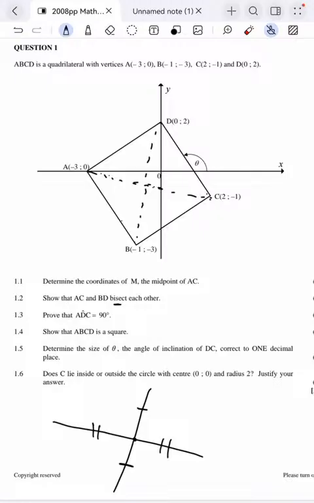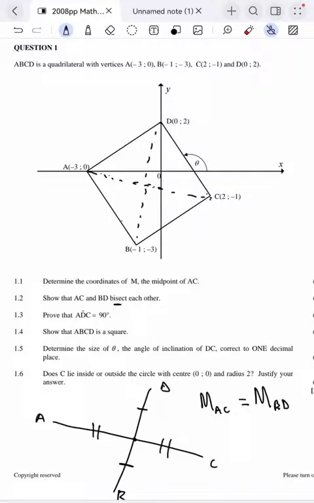So simply put, if in this case this is D, this is B, this is A, and this is C, the way to prove that AC and BD bisect each other is by proving that the midpoint of AC is equal to the midpoint of BD.